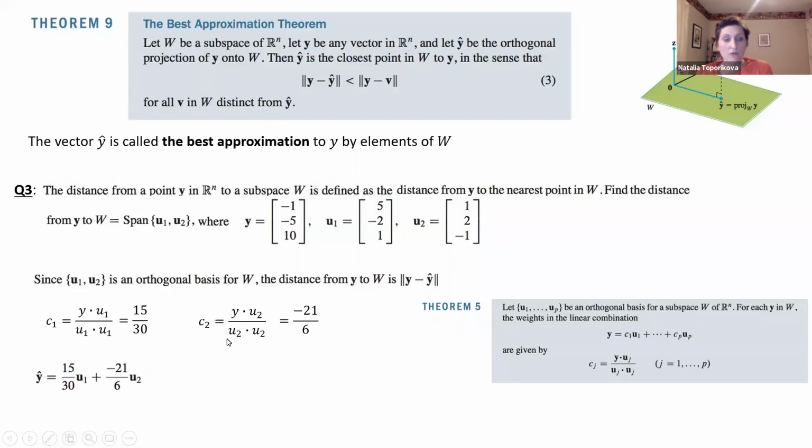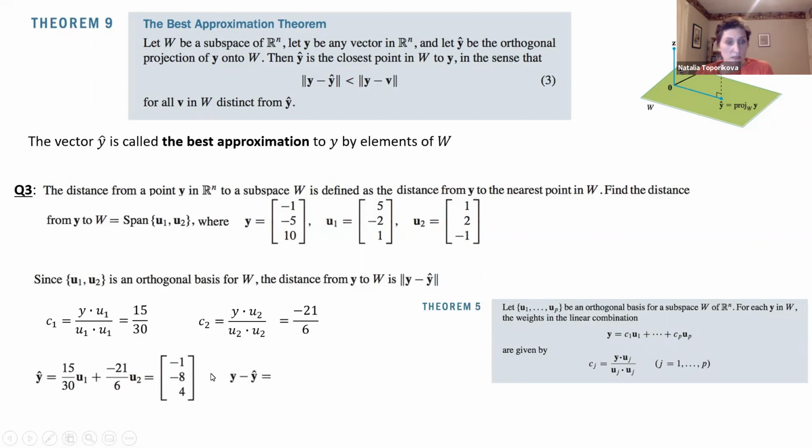Now that we have found the weights, we can expand our vector y along the basis u1, u2 and find our projection y hat. We take the weight c1 multiplied by the basis vector u1, and the weight c2 multiplied by the basis vector u2.